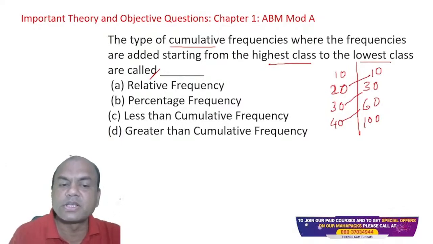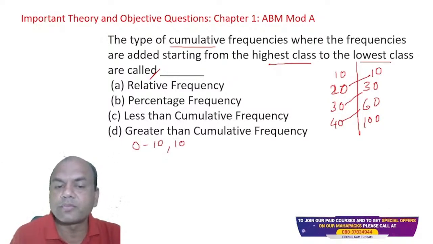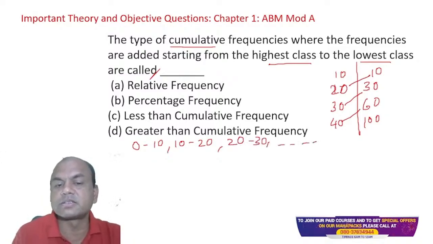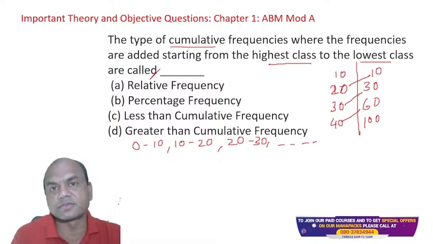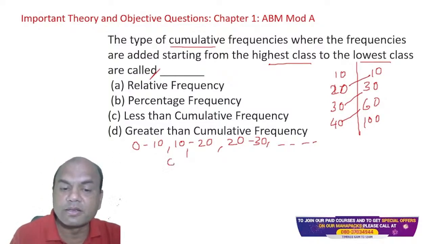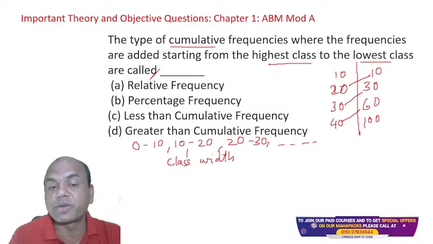For example, 0 to 10, then 10 to 20, 20 to 30, and so on. I go on arranging this. So this is known as a class. Each one is a class, and this difference is known as a class width. Remember this.